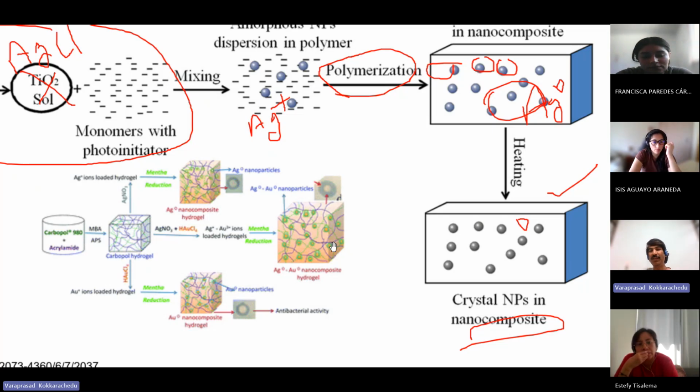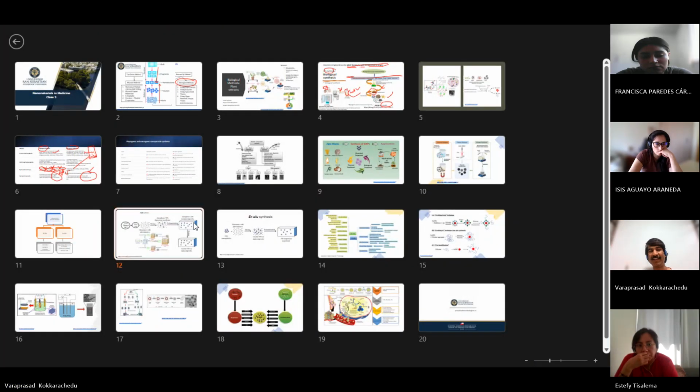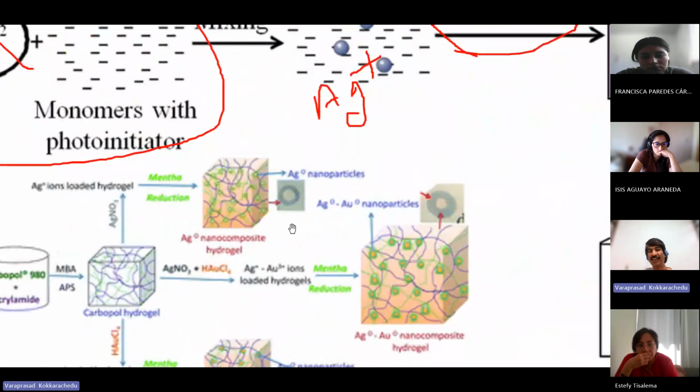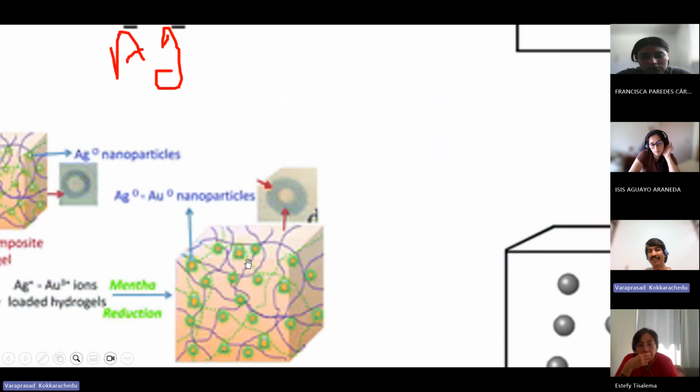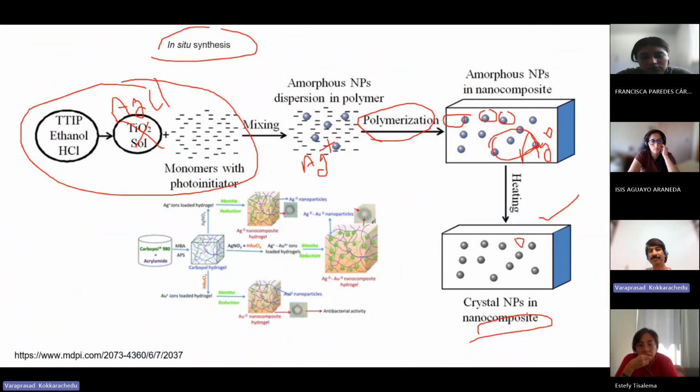They show good infection control activities also, like antibacterial, that kind of thing. What I want to say is, the nanoparticle forms inside the matrix, right? Inside the matrix they form. That's why we call it in-situ synthesis process.